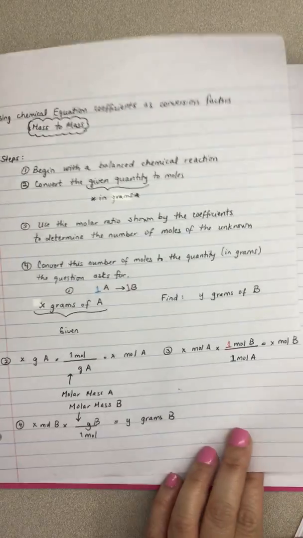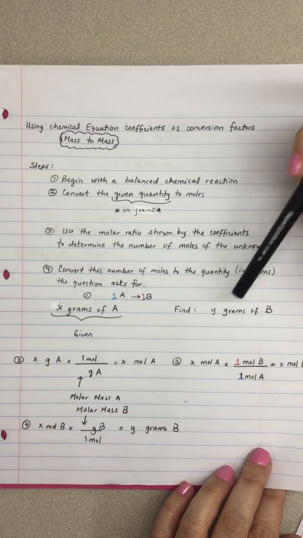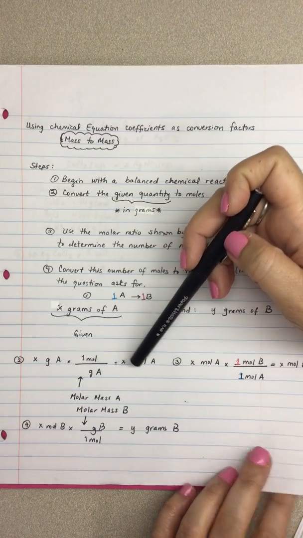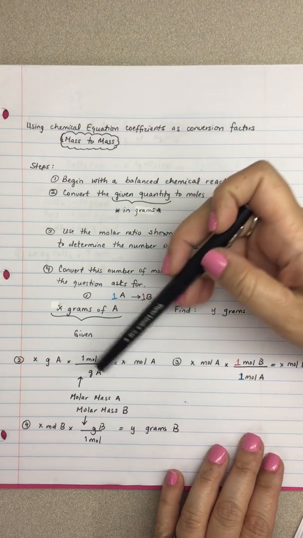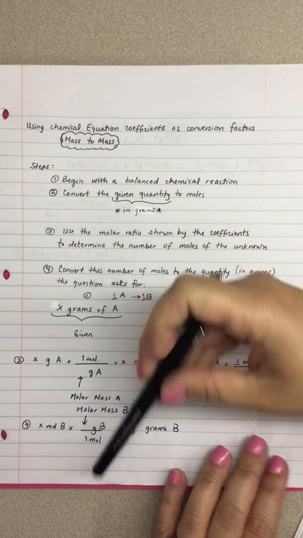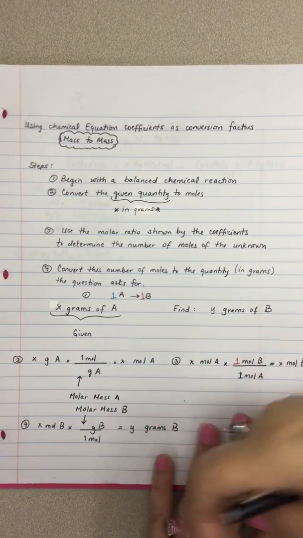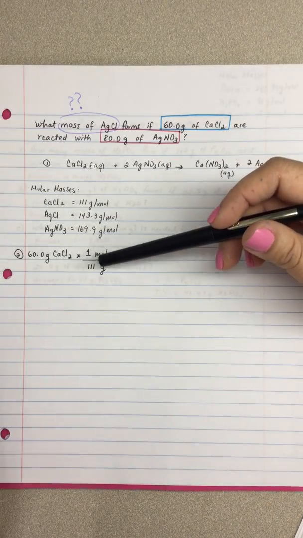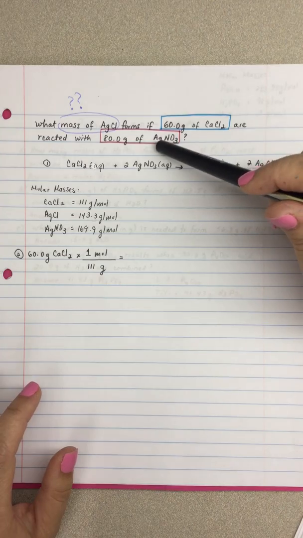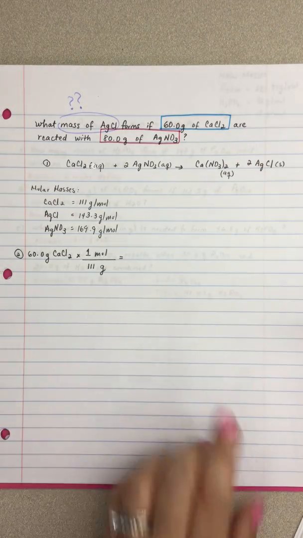And you can actually do all of these steps at once. You don't need to find these moles, then use that number to get this one. You can go from this conversion factor to this one to that one in just one step. So I'm going to do step by step with the first one, and then with your second reactant here, I'm going to do all at once.